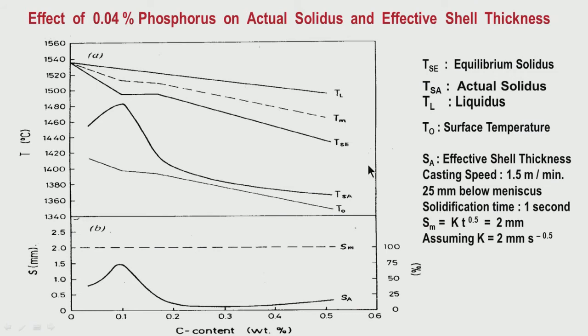Why I am again and again repeating: more is the segregation, lower is the TSA, that means the actual solidus temperature is lowered due to segregation. More segregation means this value will be lowered further, and if this is lowered, the temperature interval for solidification increases, the temperature difference between the liquidus and the actual solidus increases.